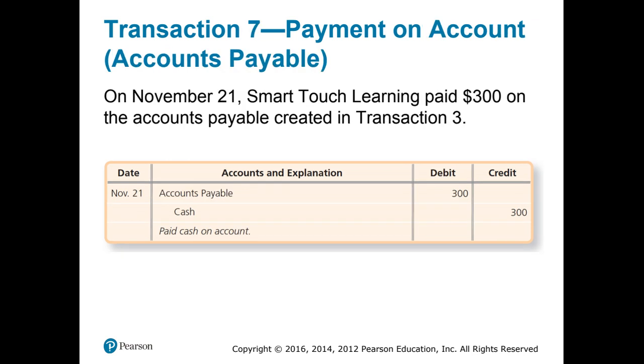On November 21st, Smart Touch Learning paid $300 on the accounts payable that was created in our transaction number 3. So we're going to debit accounts payable for the $300, and we're going to credit cash for the $300, and our note is that we paid cash on account.